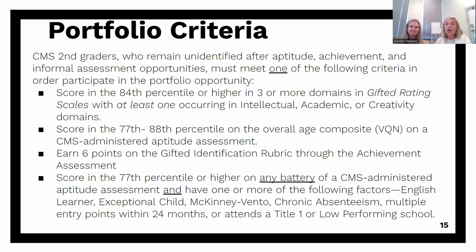They can earn 6 points on the gifted identification rubric through the achievement assessment and score in the 77th percentile or higher on any battery of the COGAT assessment and have one or more of the following factors: an English learner, exceptional child, McKinney-Vento, chronic absenteeism, multiple entry points of schools within 24 months, or if they attend a Title I or low performing school.